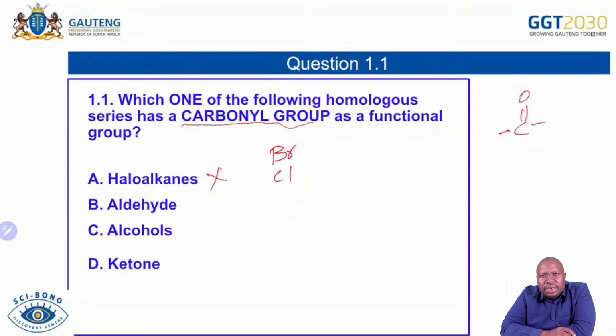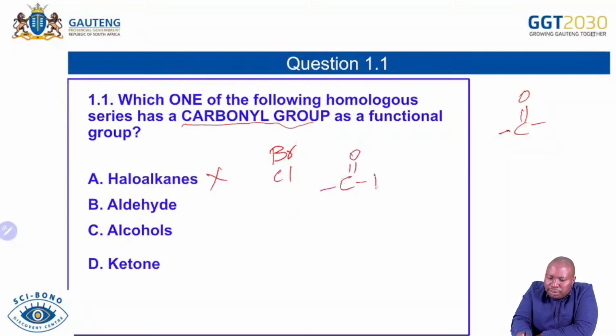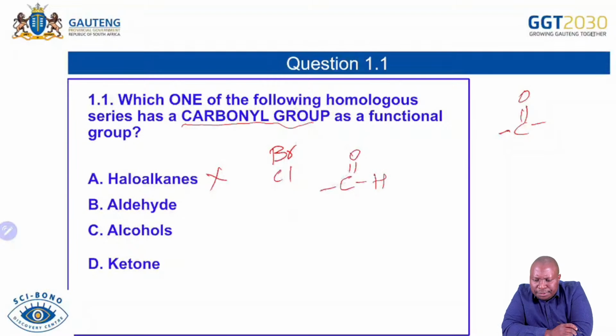When you go to B, it's saying aldehydes. If you check aldehydes, they have a C double bond O, but that C double bond O is bonded to a hydrogen.